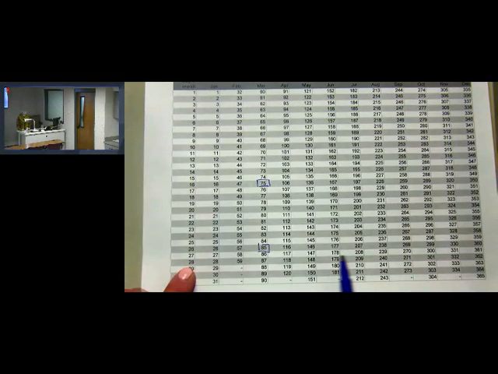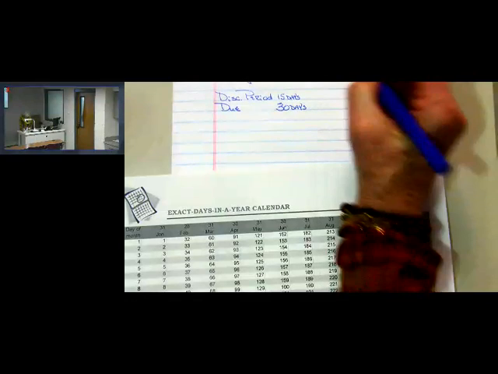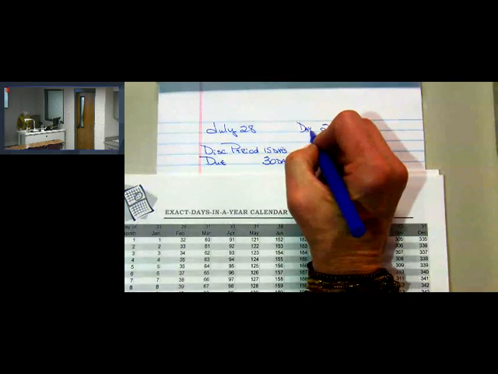And I want to go clear over to July. So it looks like July 28th is day 209. All right, that's when the invoice came out, July 28th, day 209. So day 209 is July 28th. That's day 209. All right?